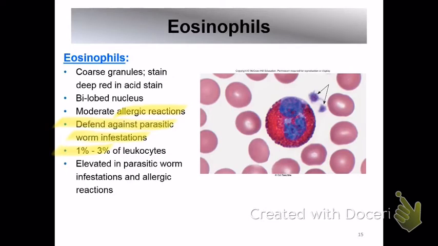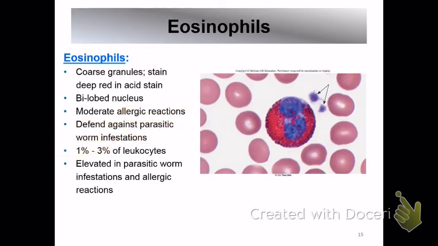So if you take a blood sample and it's higher than 1 to 3, so let's say it's 5%, that would give you an idea that it's either an allergic reaction or a parasitic worm. And if I was a doctor, I'd probably assume allergic reaction first, right? So 1 to 3%, parasitic worms, and allergies.